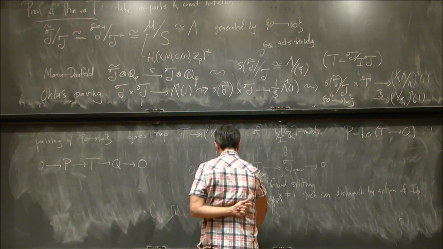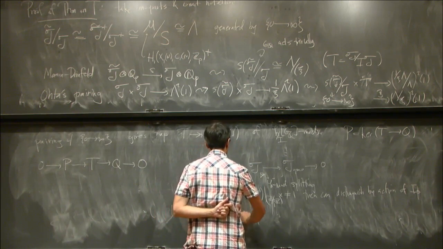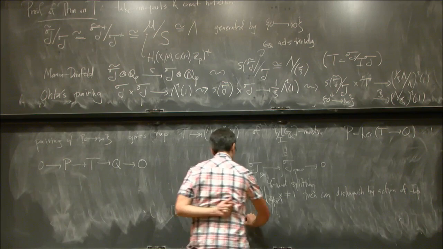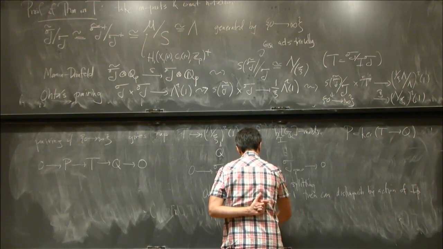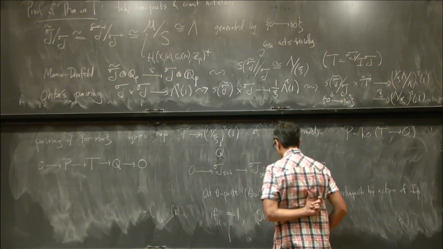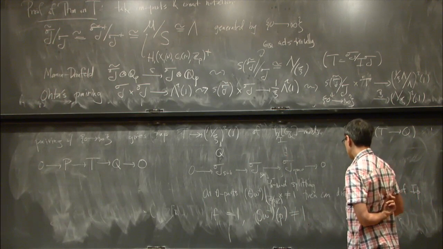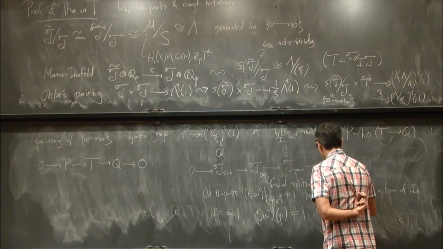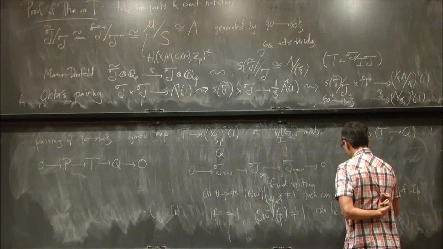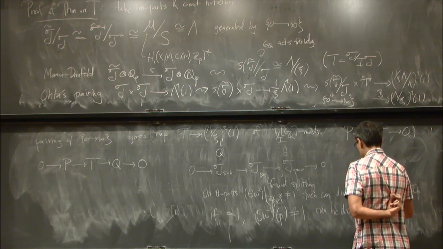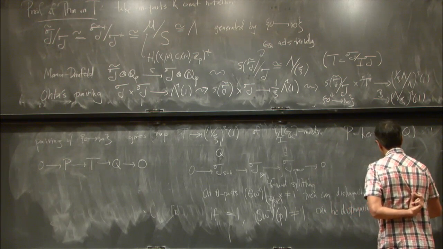And if, on the other hand, this is equal to 1, then we can still look at theta omega inverse of P, which by assumption is now not 1. And so then we can distinguish them by the action of a Frobenius.